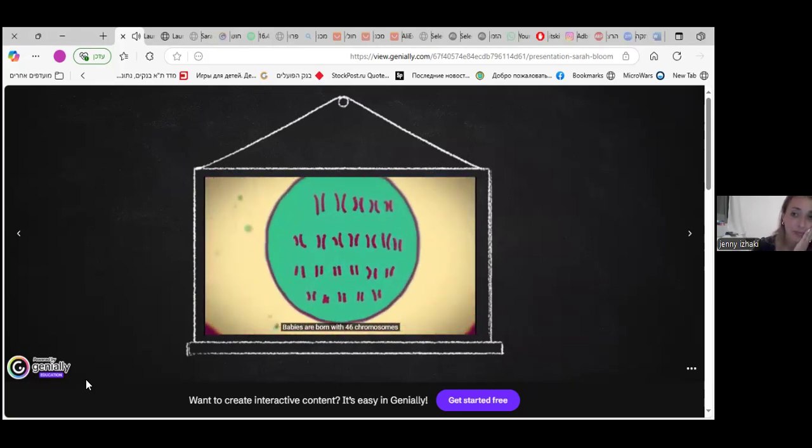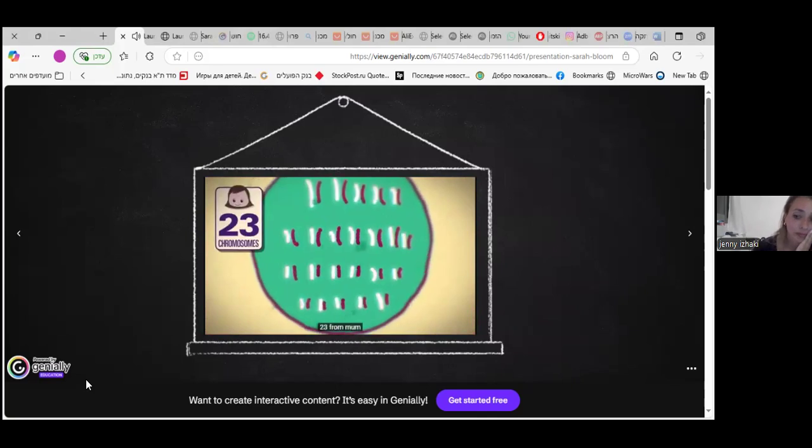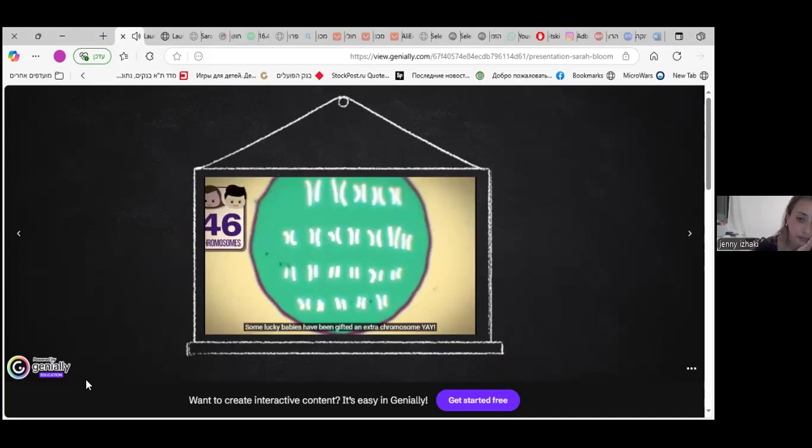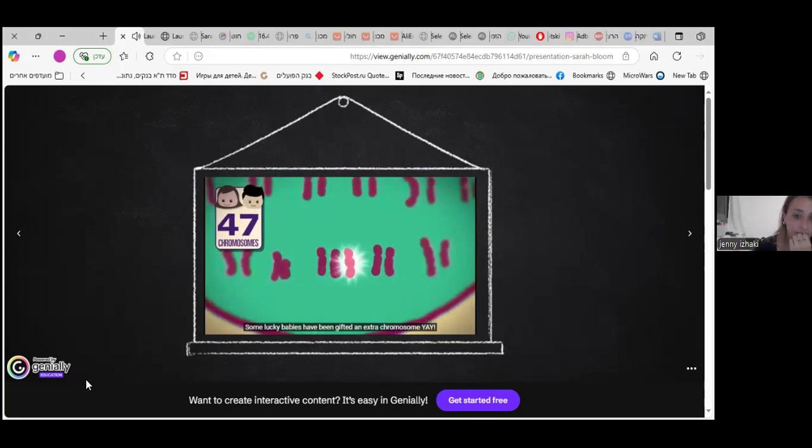Babies are born with 46 chromosomes, 23 from mum and 23 from dad. Some lucky babies have been gifted an extra chromosome.